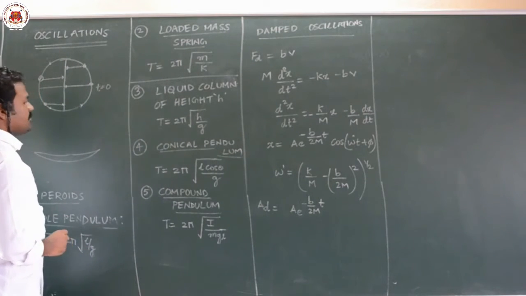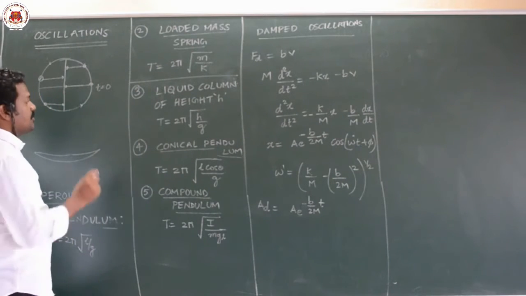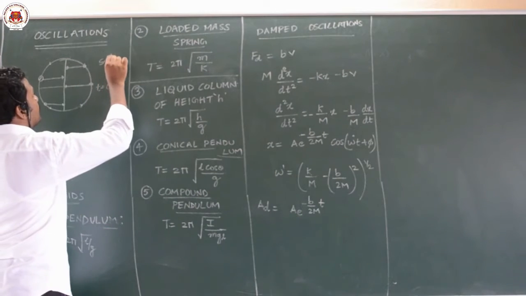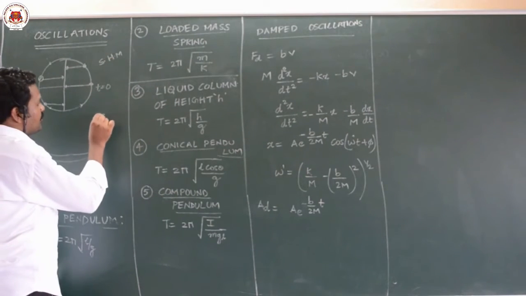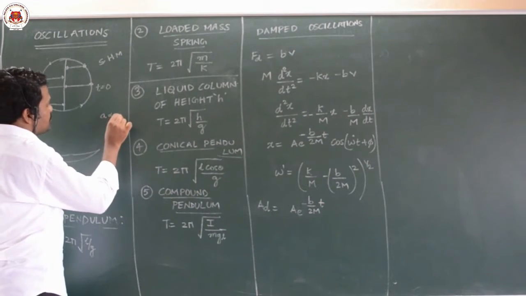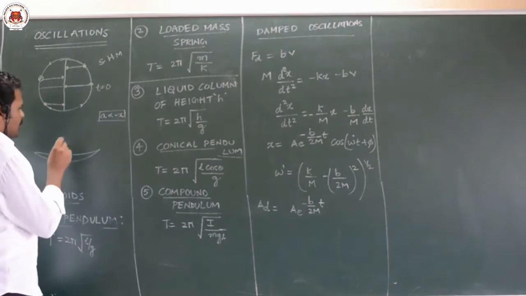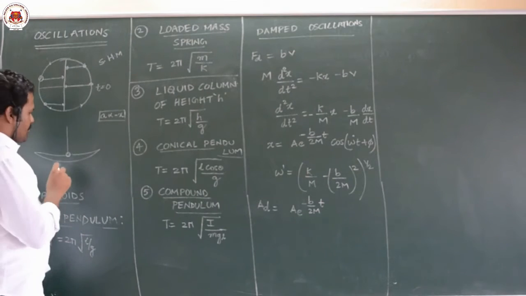If acceleration is proportional to the negative of displacement in an oscillation, it is called simple harmonic motion. That is, if acceleration is always directed towards the mean position. One more example for simple harmonic motion is the simple pendulum.